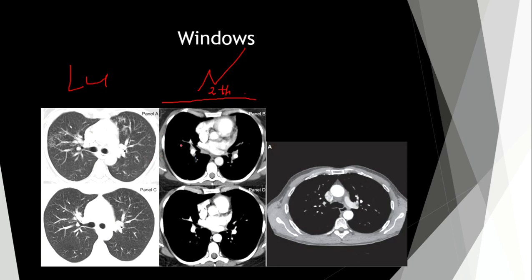We didn't see here any vessels or lung parenchyma. We can see here only large bronchi, large vessels, and some tumors. But we don't see the lung parenchyma.